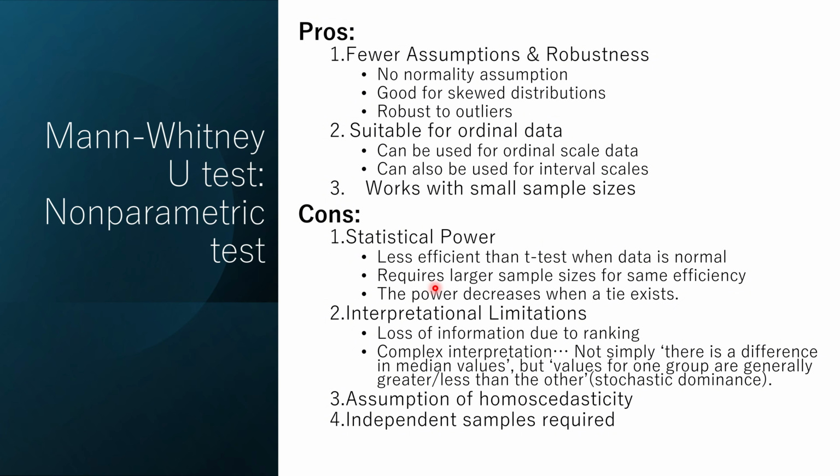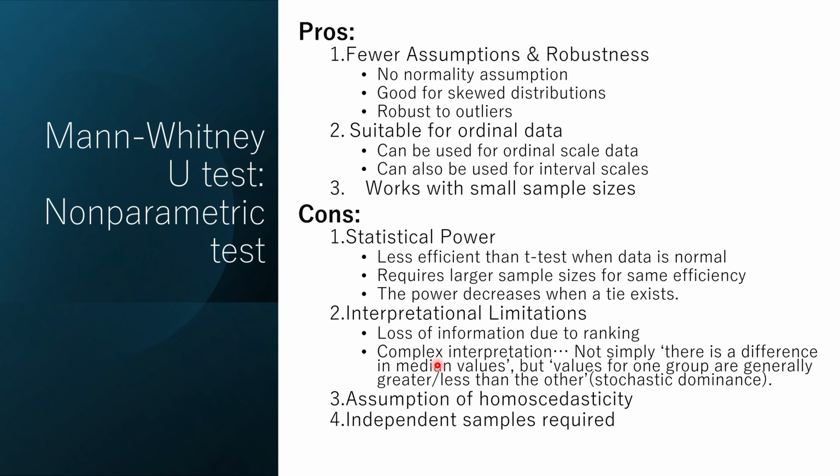Then it means that it requires a larger sample size for the same efficiency. Statistical power will decrease, and there are interpretational limitations here. Loss of information due to ranking: we rank the data, so some information is lost. The interpretation is almost as complex.